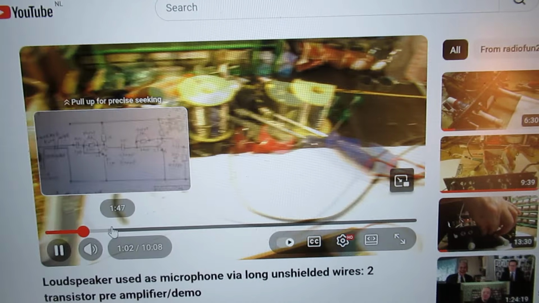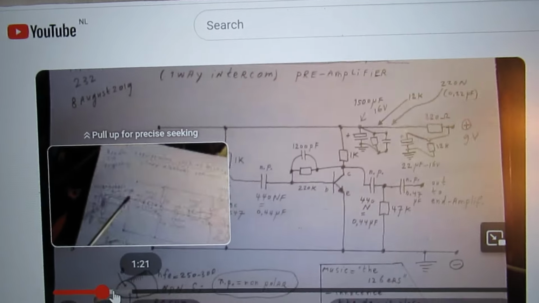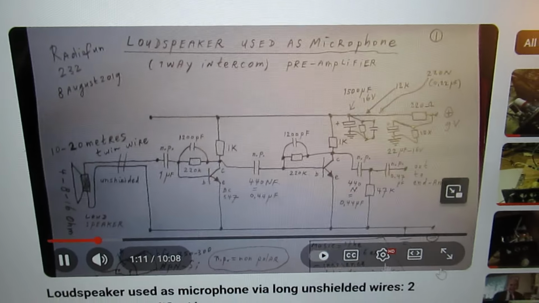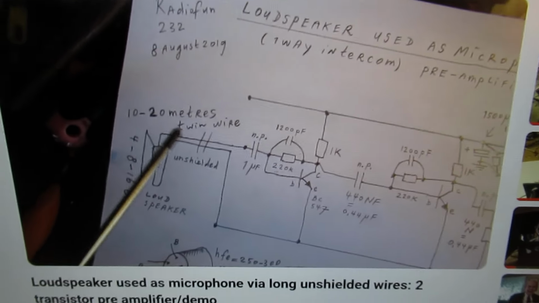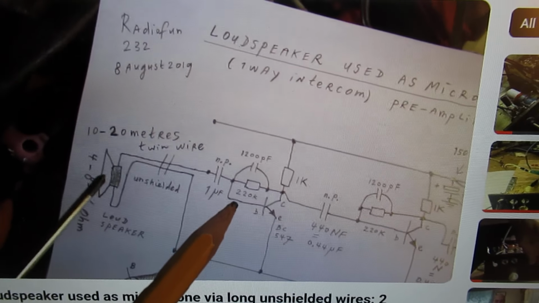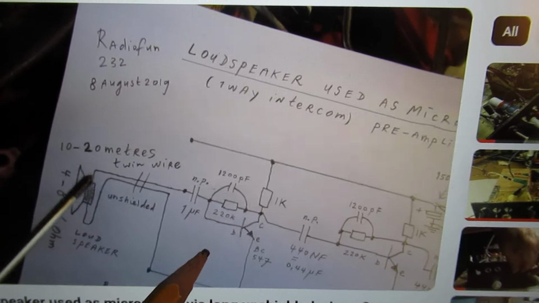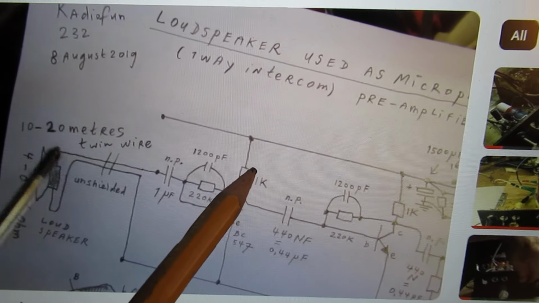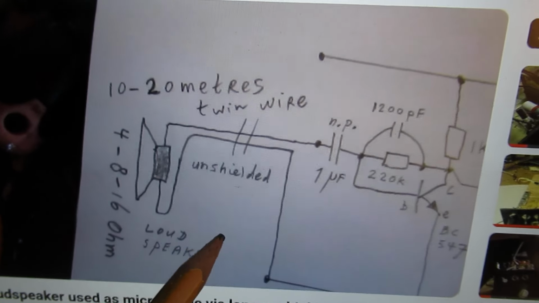Well, let us look at the schematic. That's perhaps the most interesting thing. So what I'm talking about here is that loudspeaker connected to one transistor here, the first transistor, that's a BC547, and it amplifies to its maximum because we have here that 1 kilo ohm resistor and the emitter is directly connected to the minus.